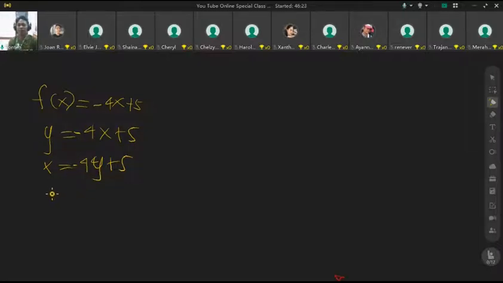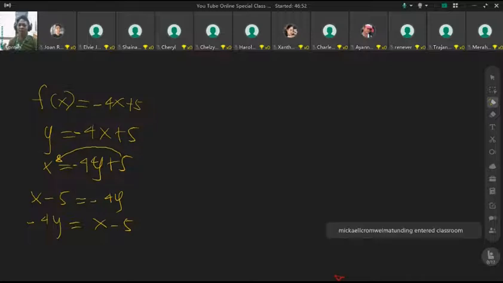Next, this becomes x minus 5 equals negative 4y, because we transpose the 5 to the other side. We do not change the signs when we are just interchanging, it is different when we transpose, which changes the sign. Interchanging follows the commutative property, where we interchange the places of numbers that are added or multiplied.